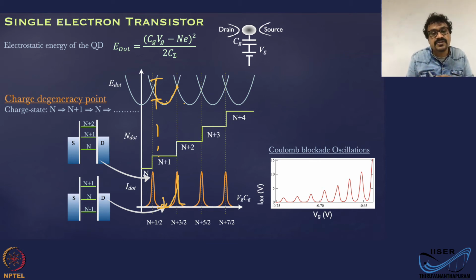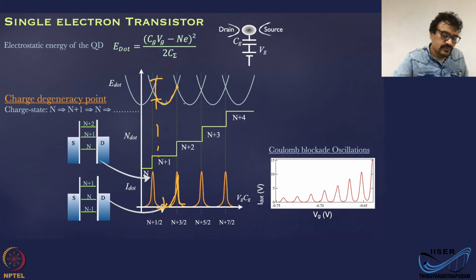If you have higher temperature, then the states can get broadened. The source and drain can get broadened, so you don't have this sharp cutoff like what I have drawn here. So you'll have a distribution. So you'll have states here also, which are filled and can populate nearby states. So all those effects will play. But this is assuming that the source and drain Fermi level distributions are sharp, and the levels inside the dot are also sharp. Okay.